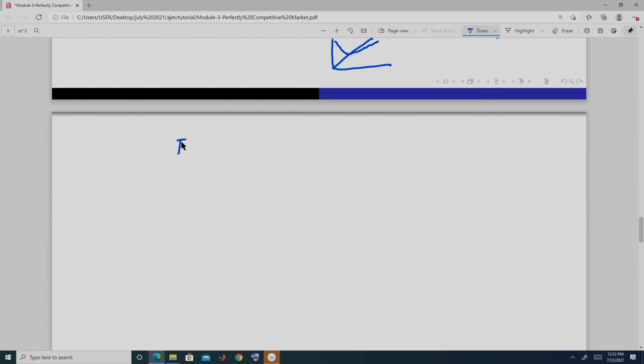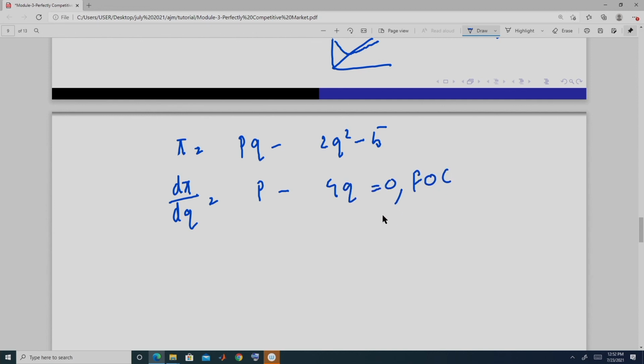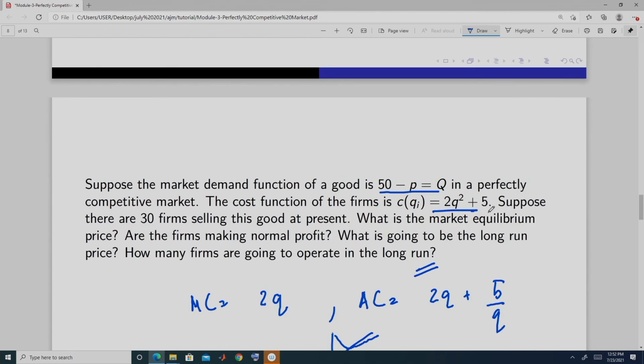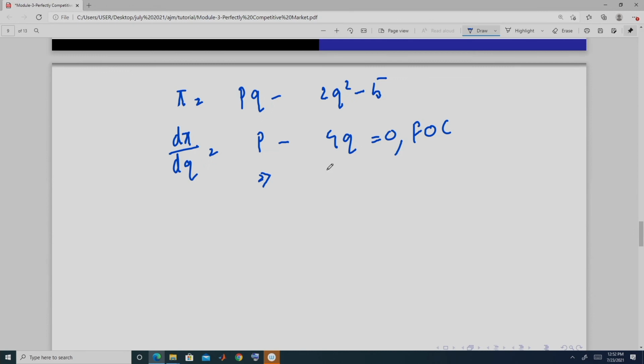Now, the profit of any firm is this. It takes the price as given, so we get this profit function. This is equal to first order condition. Cost function is this. So, P by 4 is equal to this. This is the output of each firm. There are 30 firms.